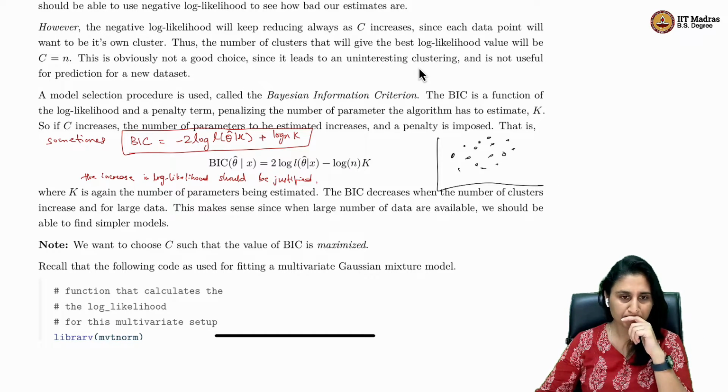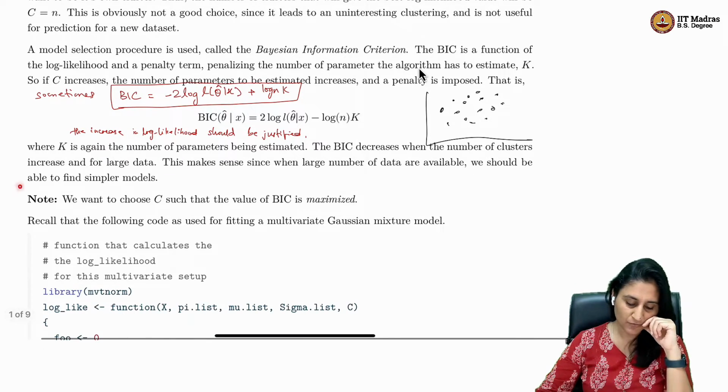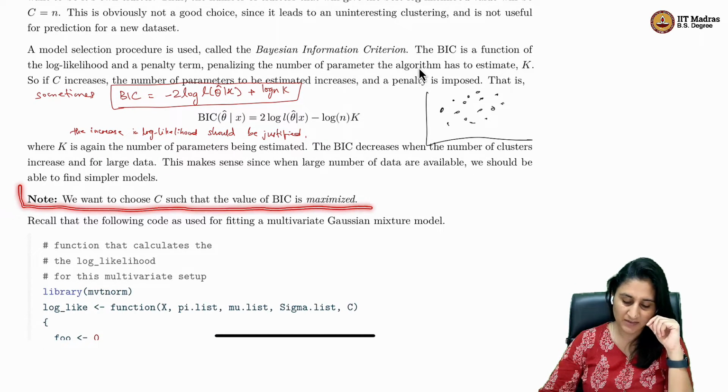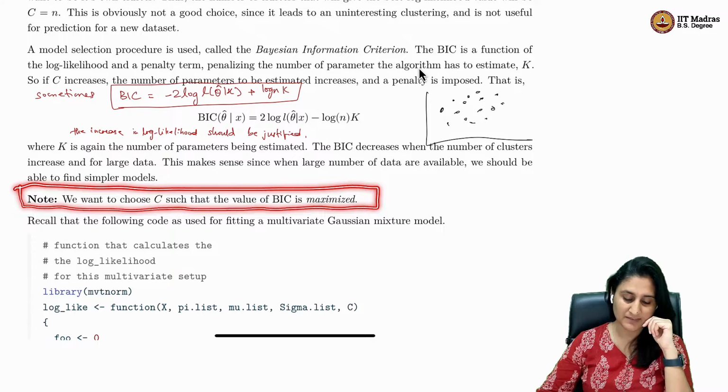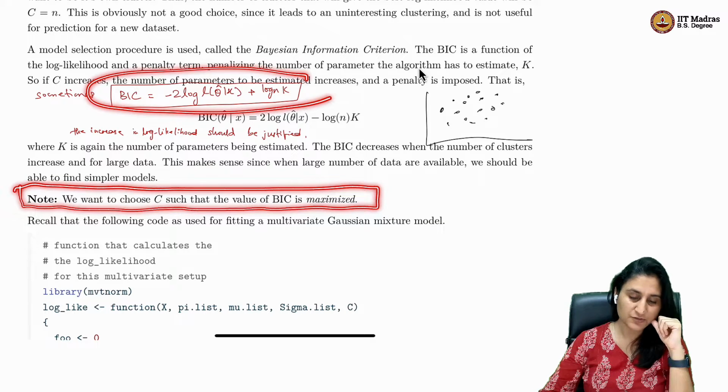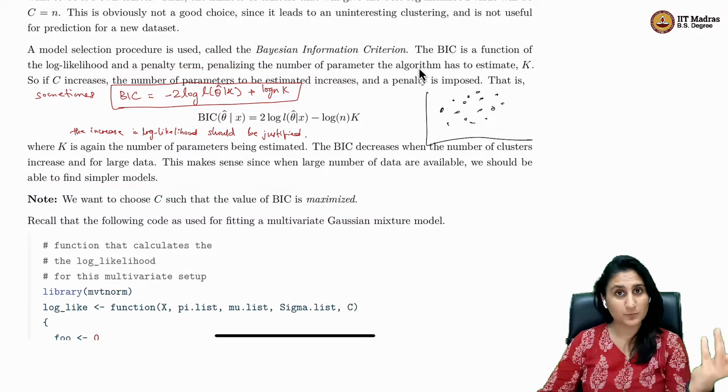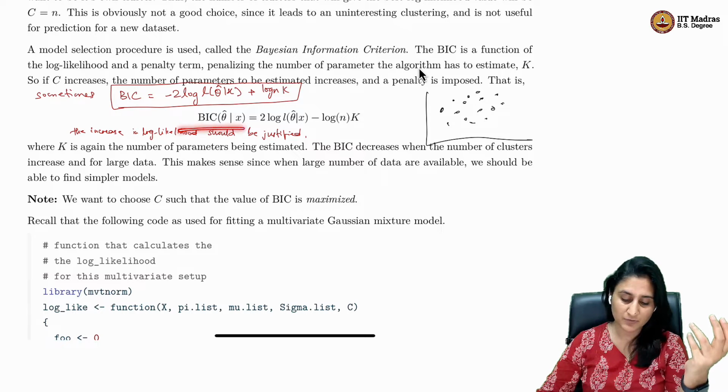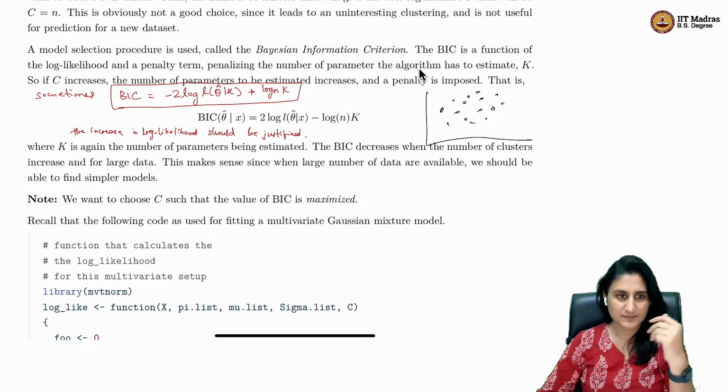And in general, this is the big note: we want to choose C such that the value of BIC is maximized. If we were looking at the other definition of BIC, then we would want to minimize it. But with the definition we have indicated, we want to maximize it.